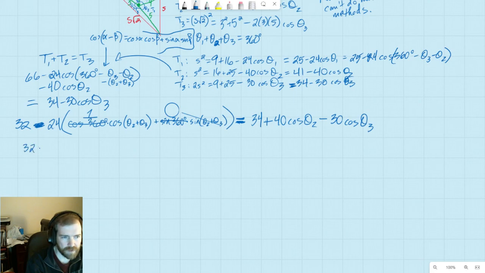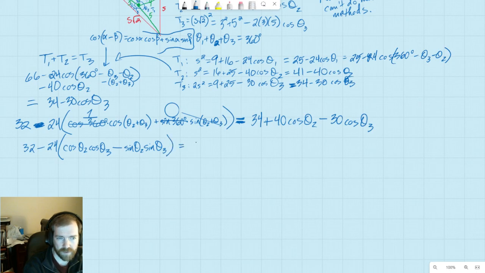So 32 minus 24 parentheses, this is the cosine of theta 2 plus theta 3. So that's going to be the same as this stuff, just with a minus in between. So this is going to be the cosine of theta 2 cosine of theta 3 minus sine theta 2 sine theta 3. Oh wait, nope, that 34 is not there.